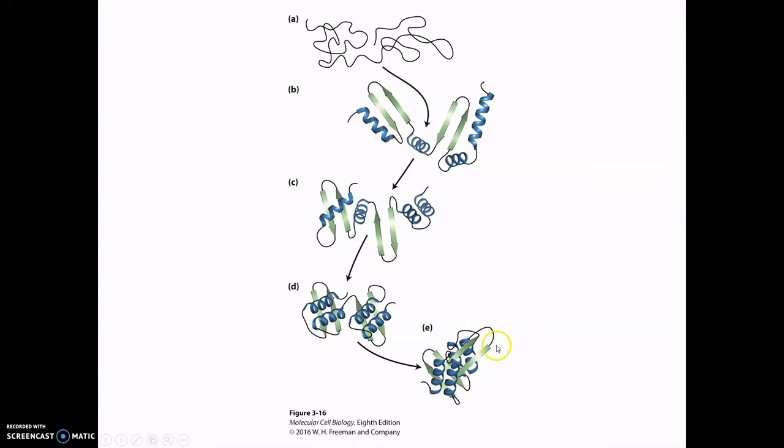These loops may be actual flexible noodle-like structures that can flop around and interact with the aqueous environment around it, or it may be something more rigid. So if I were to look at this structure here, I would say this loop and maybe this loop down here might be somewhat flexible, but this little loop here and this loop right here, which has a lot of interaction with the rest of the protein, is probably not flexible.